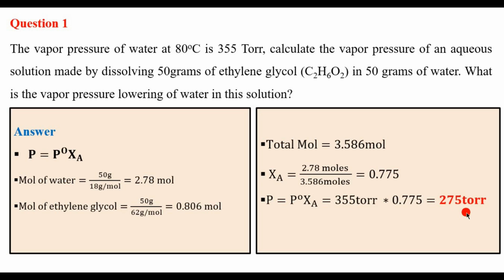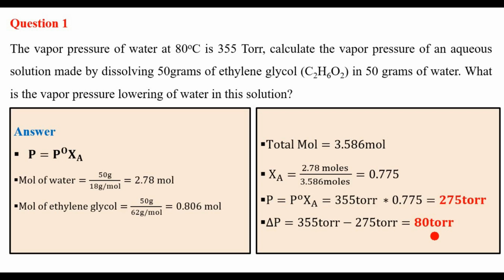After getting the vapor pressure of the solution, then they are asking to calculate the vapor pressure lowering. That is the difference between the vapor pressure of the pure solvent and the vapor pressure of the solution. In this case, if we do the difference, we get 80 torr. That is the answer for question 1.